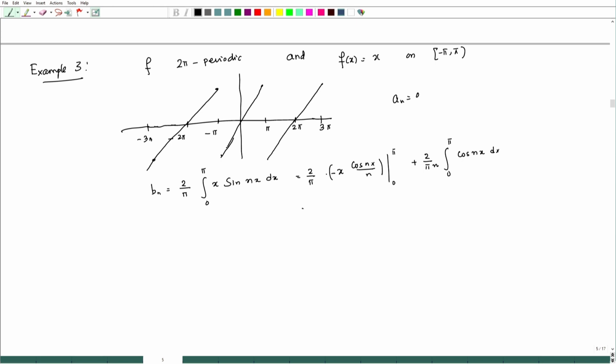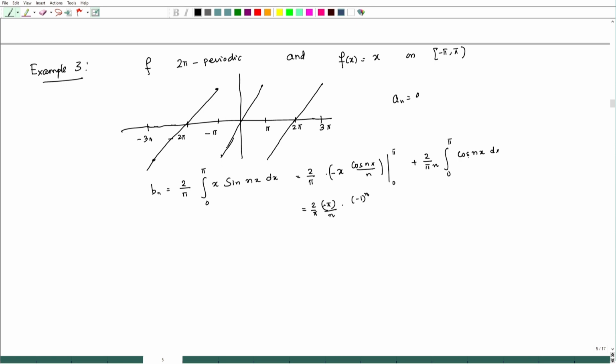So this one is now 2 by pi, at pi, with a negative sign, minus pi divided by n, and cos n pi is equal to minus 1 to the power n, and at x equal to 0 it is 0, so it goes away.